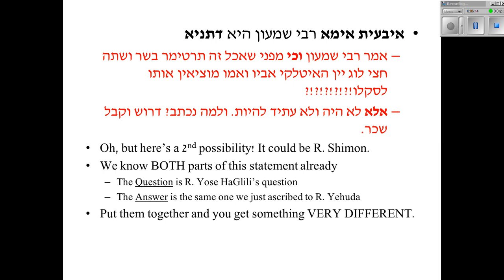It's not like ilema, which is going to offer an answer that will be rejected and replaced by a new answer. Ibait ema is used when the Gemara wants to present two possible answers to a question, each of which is plausible and is not intending to decide between them. So, ibait ema, another possible answer.